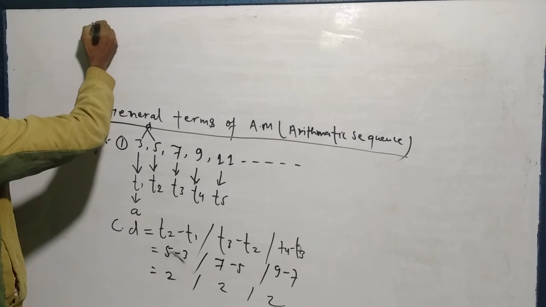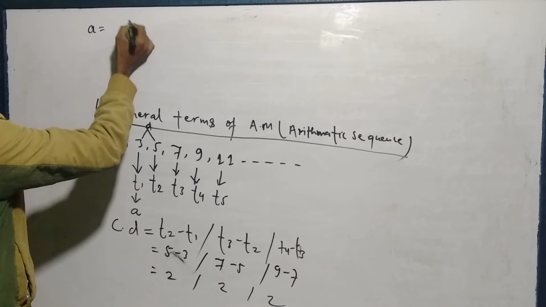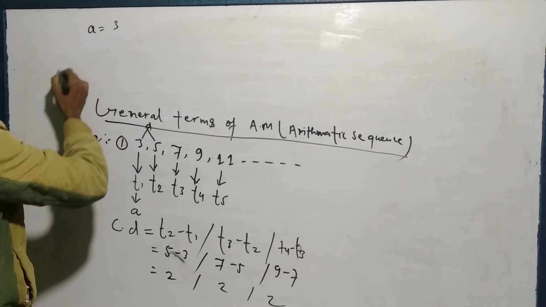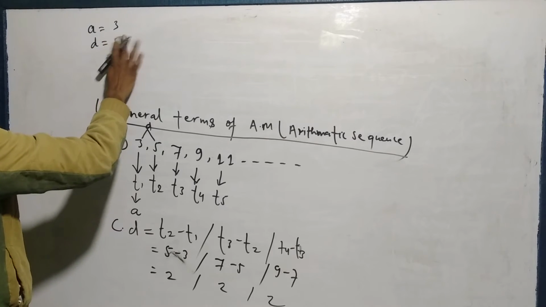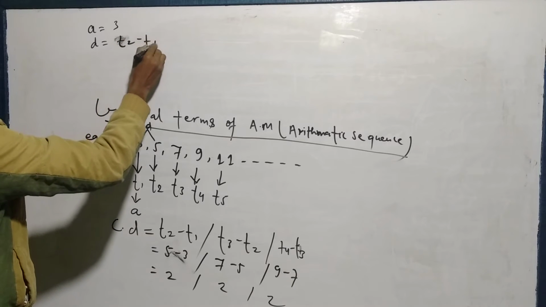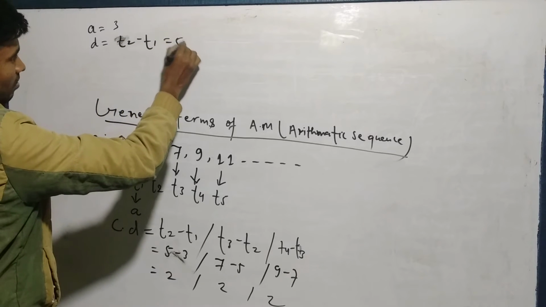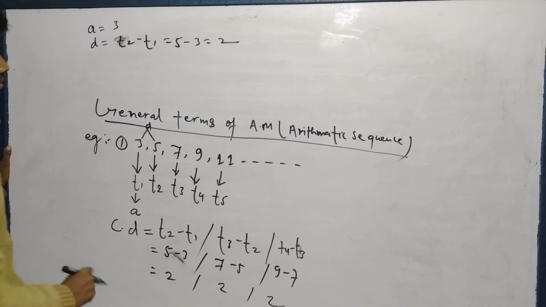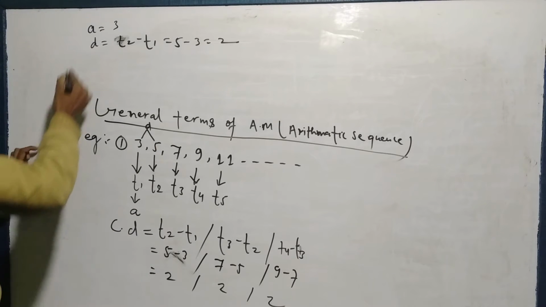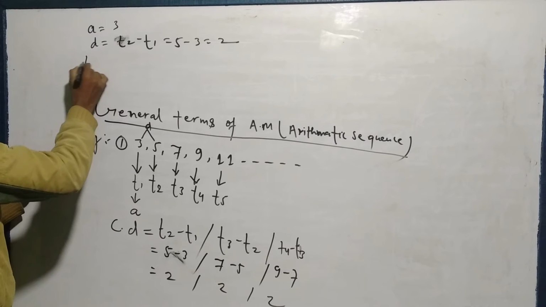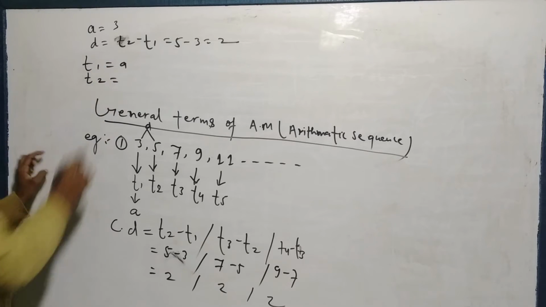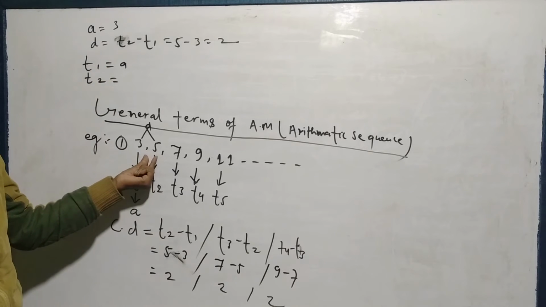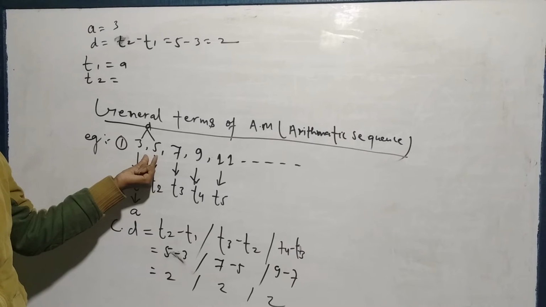So in the given sequence, the value of A is 3 and the value of D is 2. It means T2 minus T1 equals 5 minus 3 equals 2. So students, T1 means A. So how can you find T2? T2 is 5, no? So how is 5 possible?